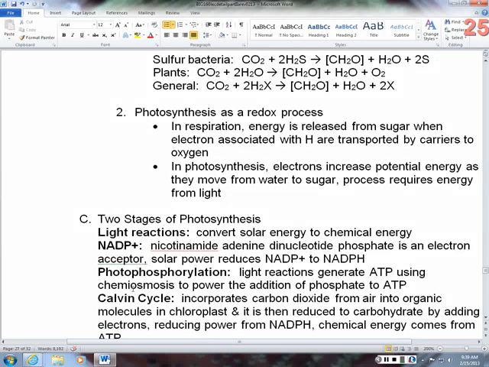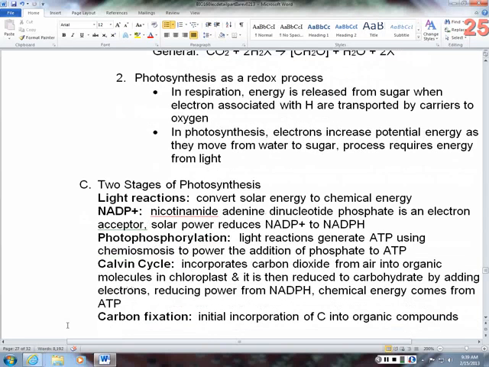So in photosynthesis, we have two stages. The first stage is the light reactions. This is where you take the energy from the sun and convert it into chemical energy. Similar to NAD, they use NADP+, nicotinamide adenine dinucleotide phosphate. Calling it NAD+ is the way you'll see it all the time.